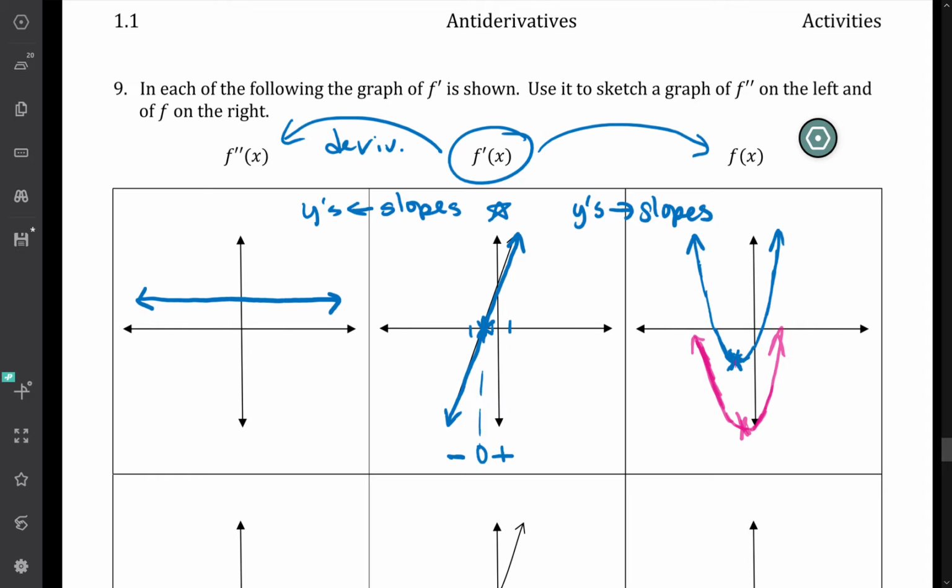This probably is not a perfect graph, but what you should see is the only difference between your two different possible antiderivatives here is vertical shift. It's just that plus c that you're seeing. So maybe this first one has a certain plus c, and the other one has a plus c that's 4 or 5 smaller than that. So there is some ambiguity when you draw an antiderivative. It's just one of the possibilities, and someone else's might be in a different spot, but the difference should only be vertical shift.